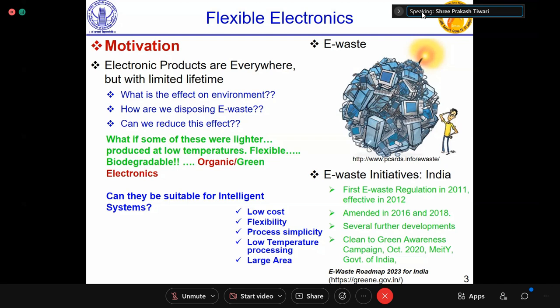If you want sensing smartness, you need sensors. If you want storing, you want memory devices. For smartness, you need all these things.